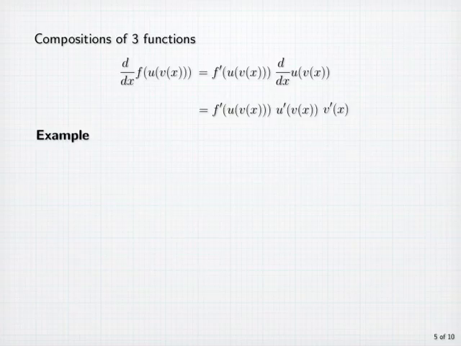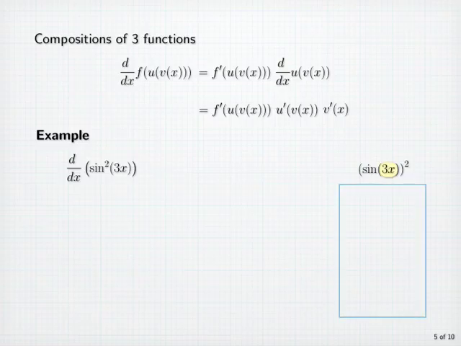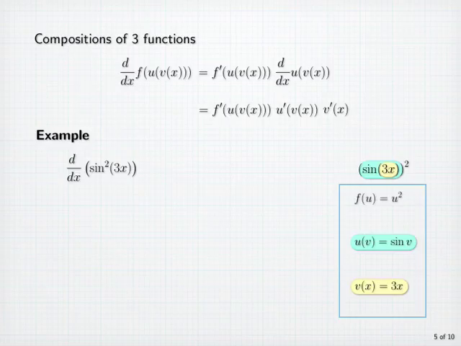Example, the derivative with respect to x of sine squared 3x. Now the innermost function here is 3x. So let's let v of x equal 3x. Now 3x is inside of the sine function, so let's let u of v equal sine v, and the outermost function is f of u equals u squared.